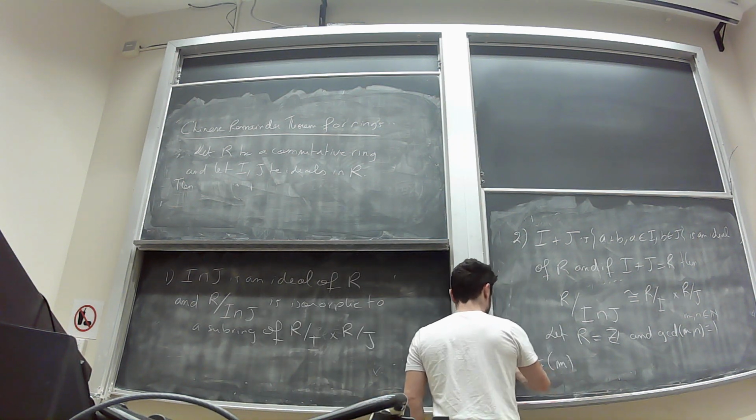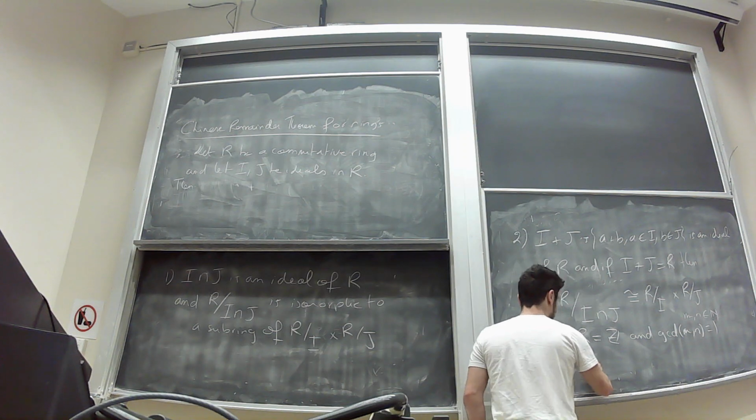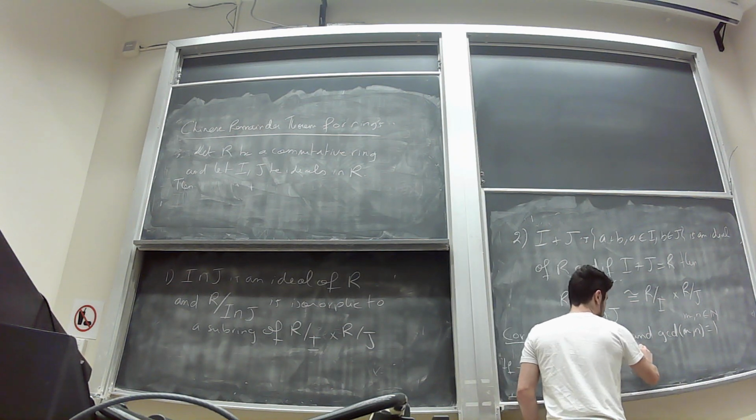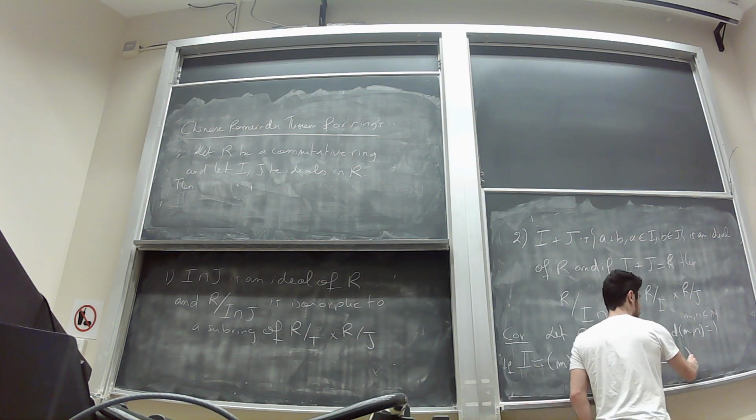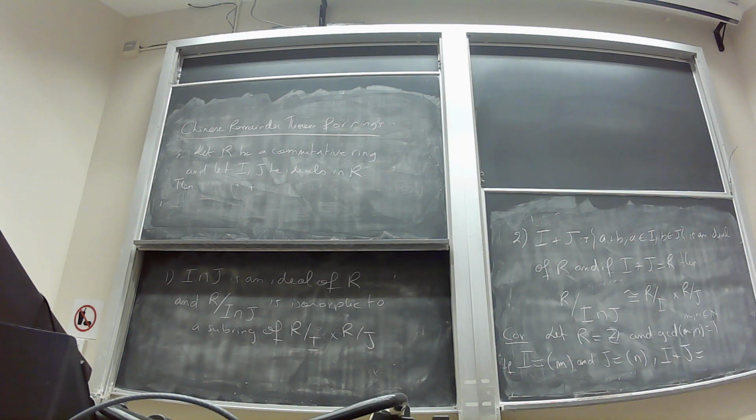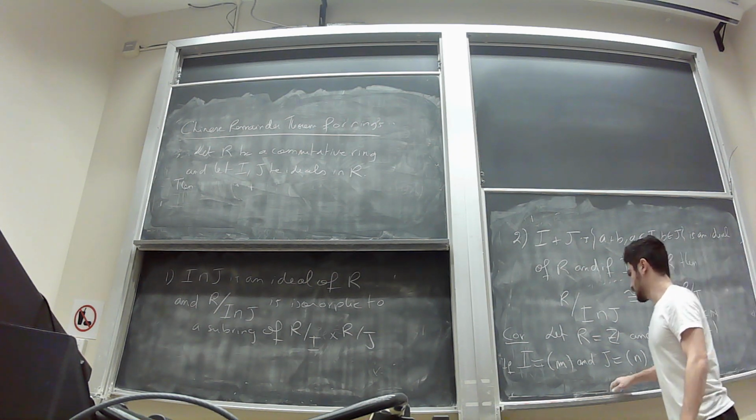If I is m and J is n, what is I plus J? Does 1 belong to I plus J? Could you write 1 as a combination of m and n? Yes. So 1 belongs to I plus J. If 1 belongs to an ideal, then the ideal is the whole ring. I plus J is R.